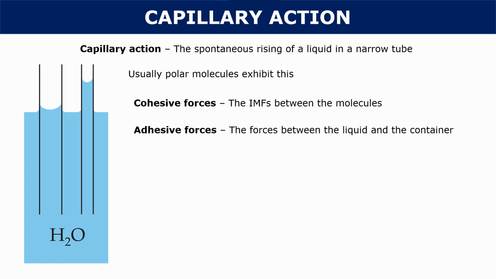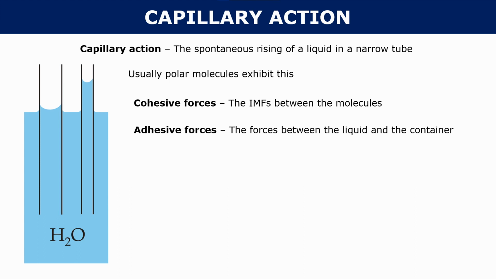So what happens is that the water on the edges of these tubes gets lifted up from the adhesive forces. The force between the liquid and the container lifts that molecule up.